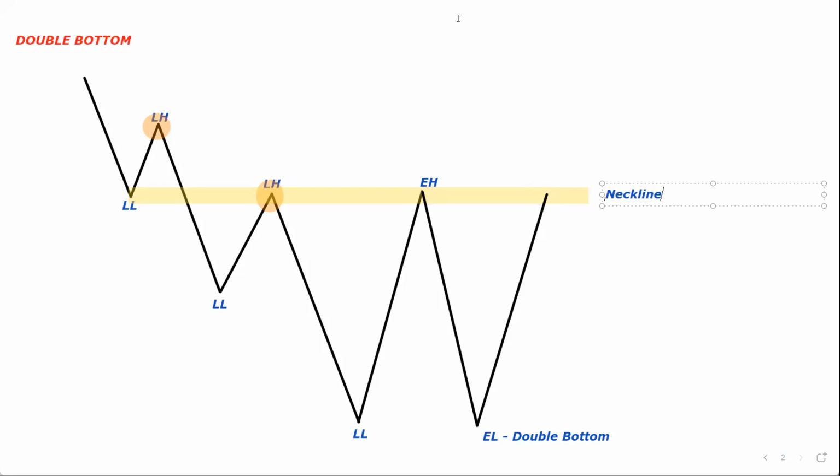And at the neckline, you are still not getting into the market until you see the break of structure, right? Until you see the break of structure, this structure right here. Then you want to see a retest to the same zone, right?